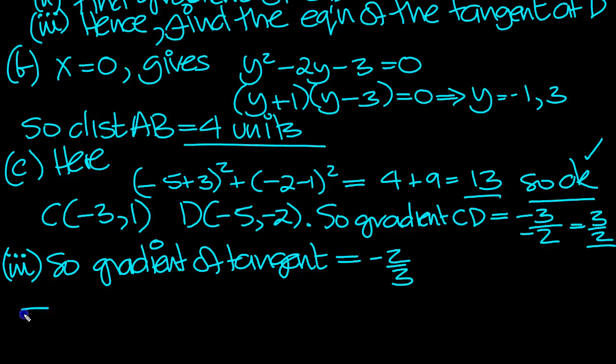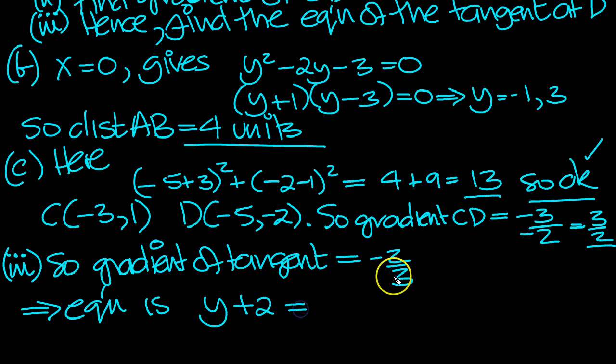So this implies then the equation is y minus the y value at D, which is minus 2, so it's plus 2, is equal to the gradient, minus 2/3, times x minus the x value, which is minus 5.